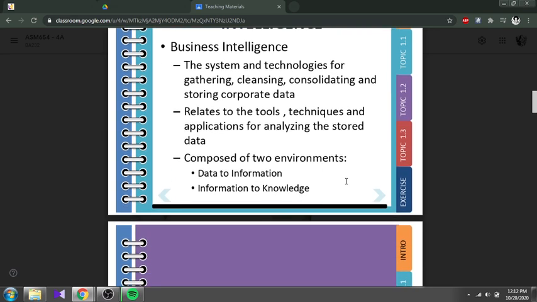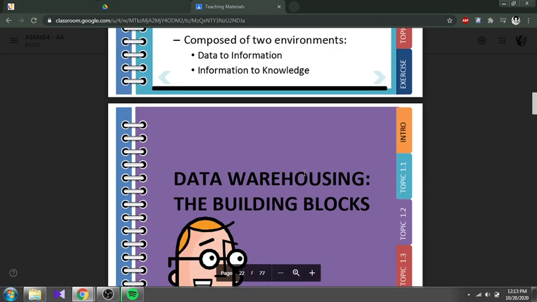So we want the data warehouse to turn our data into information, and information into knowledge, to contribute to decision making, so it can be referred to from time to time for business processes or business deals and so on.